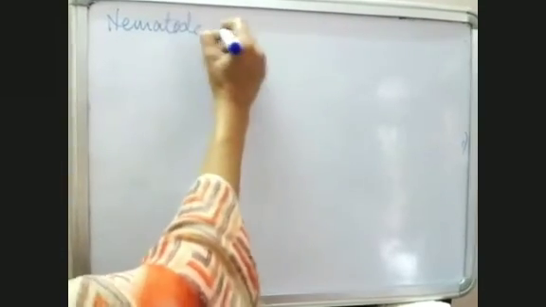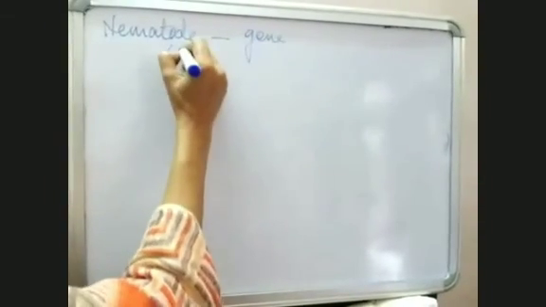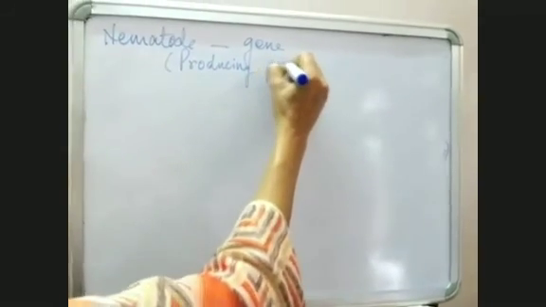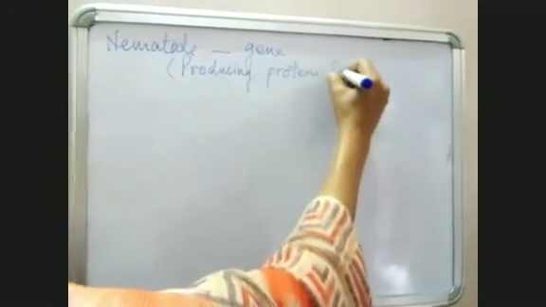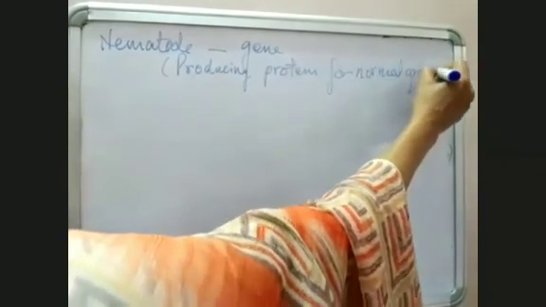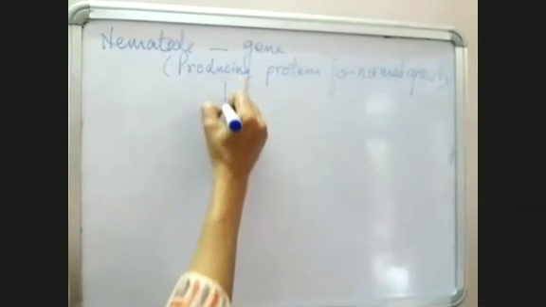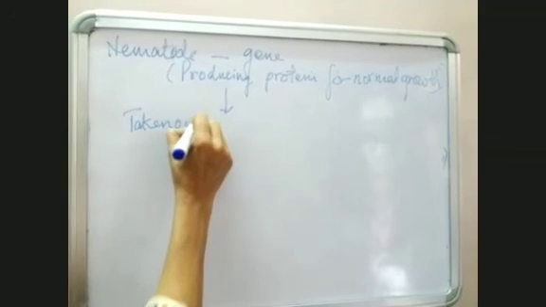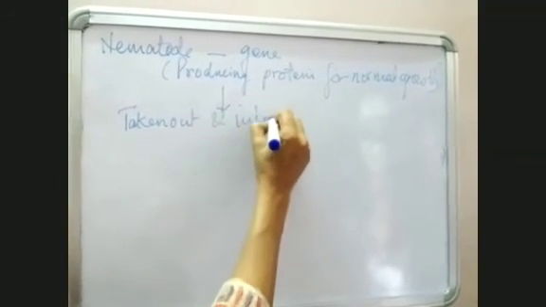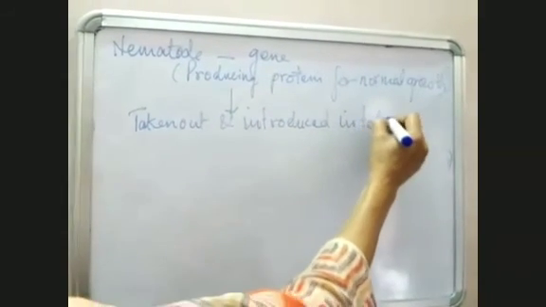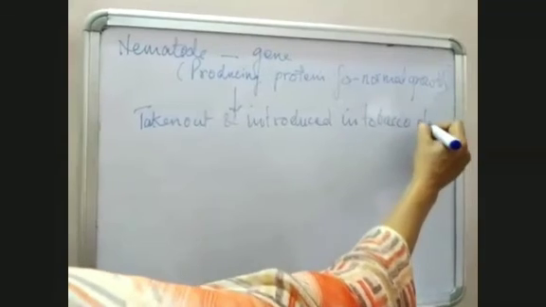and from the nematode, the gene which was producing the protein for its normal growth was taken out and introduced in the tobacco plant.